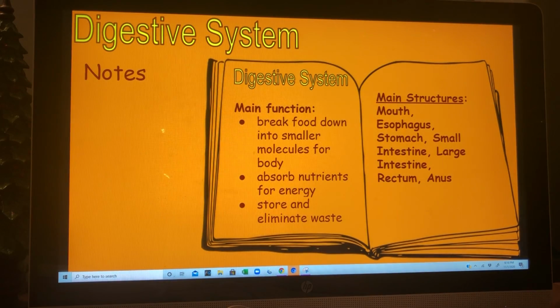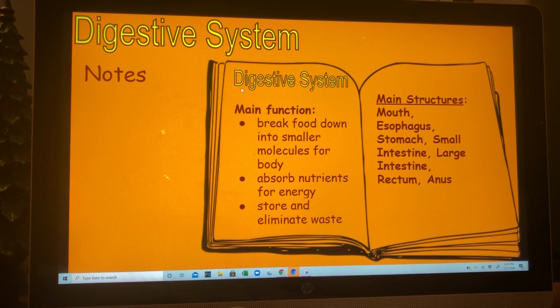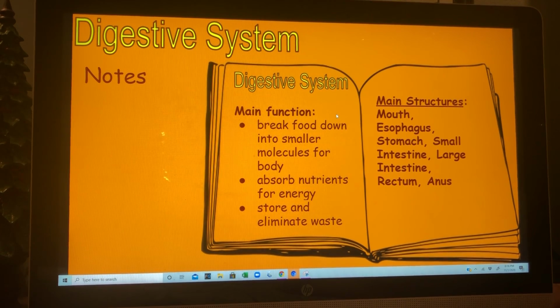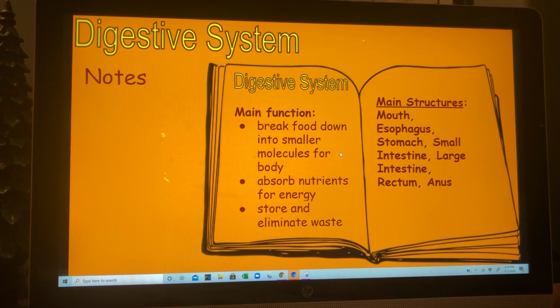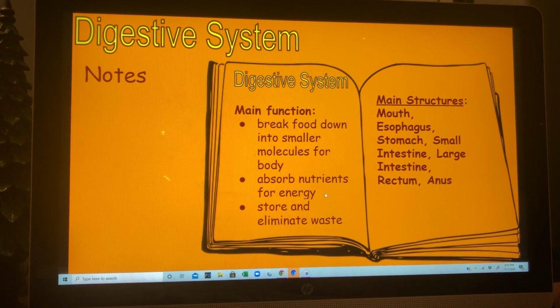At this time, you will need to create some notes in your ISN. So if you can get out your science notebook, turn to the next clean page, and at the top, you will label the top of the page digestive system. You will write down the main function is to break food down into smaller molecules for body, absorb nutrients for energy, store and eliminate waste.